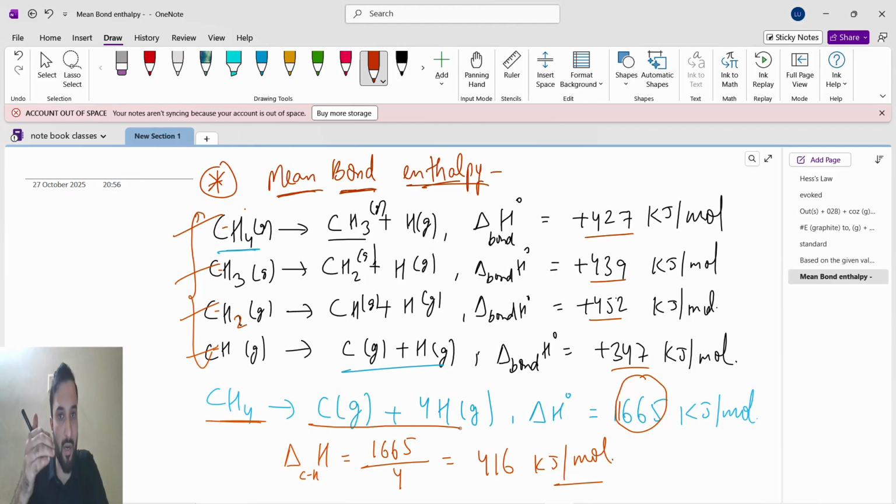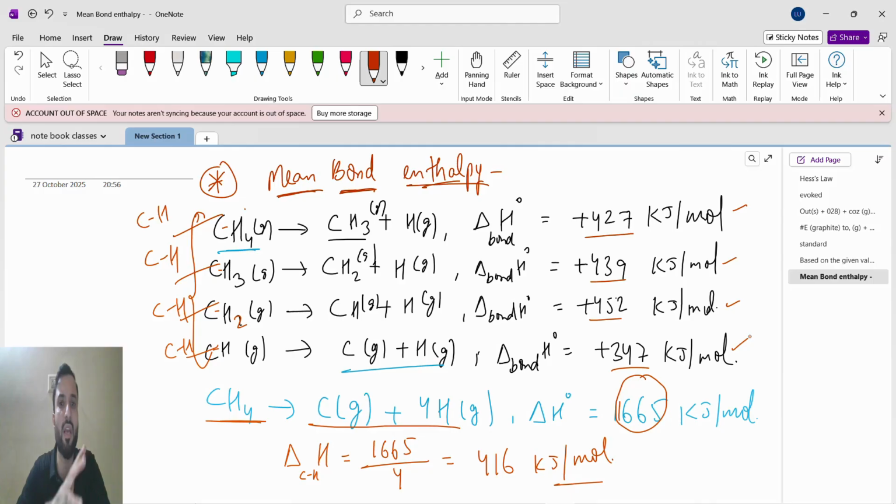Again in CH2 the carbon hydrogen bond will split into CH. Again in CH the carbon hydrogen bond will split into carbon. So what does this mean? It means in every step, 1, 2, 3, 4, we are breaking a carbon hydrogen bond, and for every step we have a different bond dissociation energy.